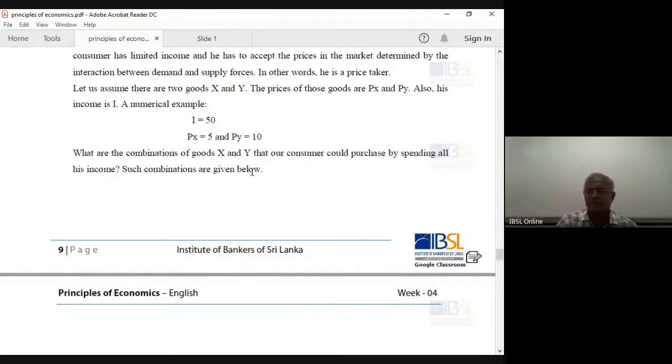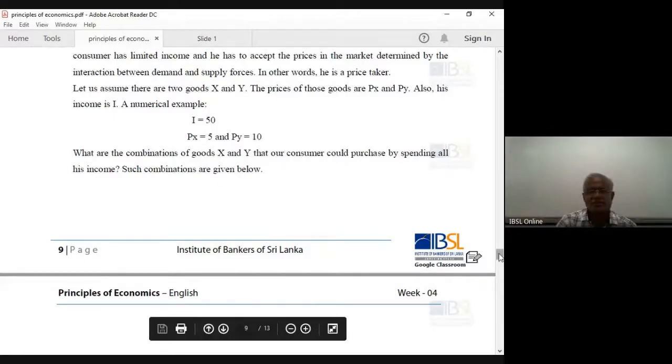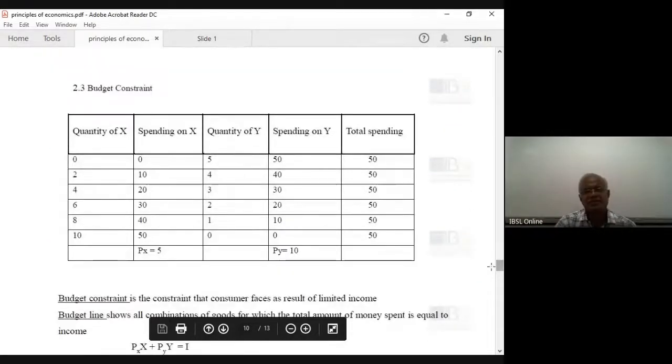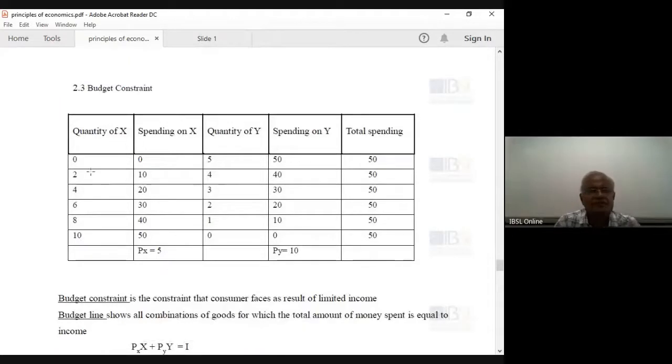The combinations of X and Y that he can buy using all 50 rupees is called the budget line. If quantity of X is 0, spending 0. If you buy 2 units of X, spending 10 rupees, then the balance 40 can be spent on Y, so you can buy a maximum of 4. 10 plus 40 is 50.